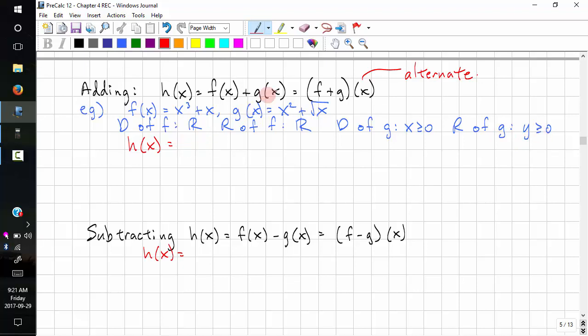So h of x, we just collect like terms. x cubed plus x squared plus x plus square root x, and we write it in order. We order the polynomial. This is a special case for calculating the range, because we have all positive terms.